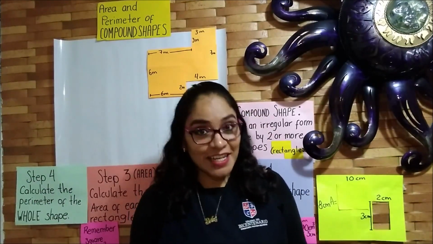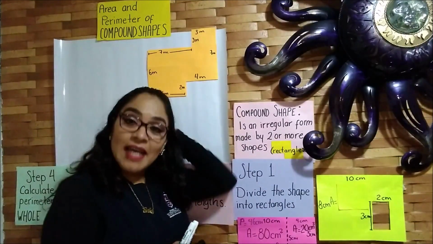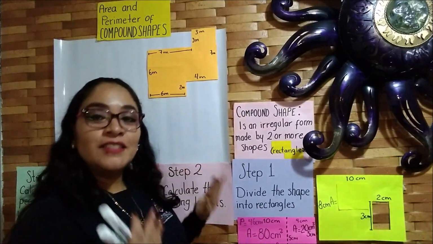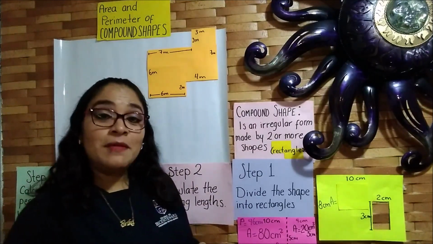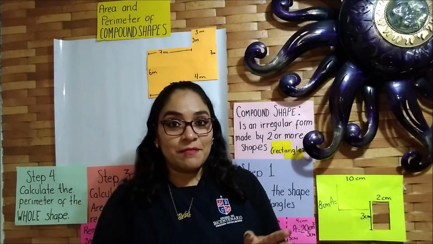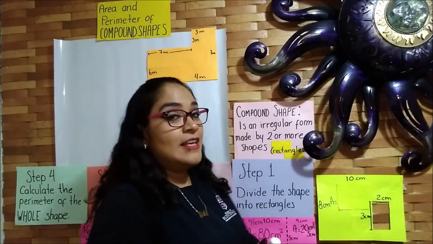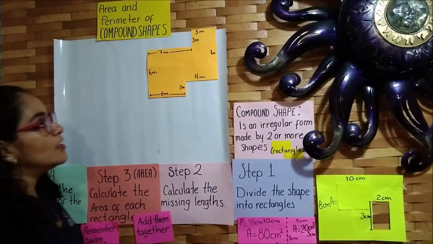The assessment section. I made the exercise B. So as you can see, they are requesting area and perimeter. So it is very necessary to follow the steps in order to get them. So step 1 says, divide the shape into rectangles.